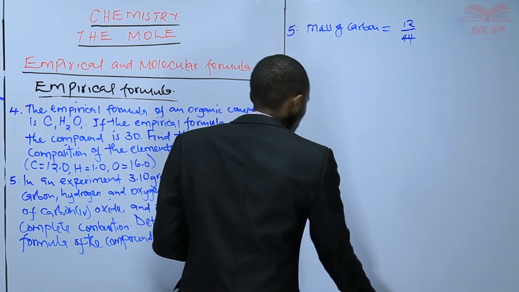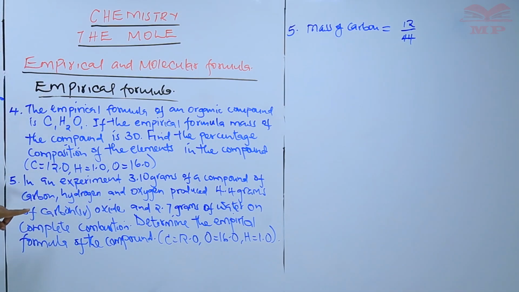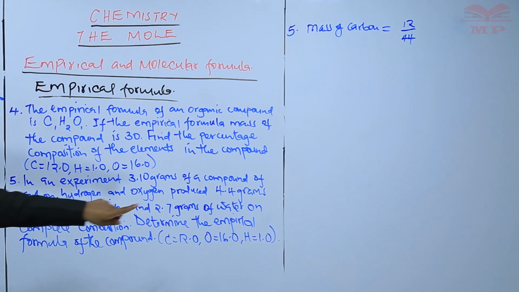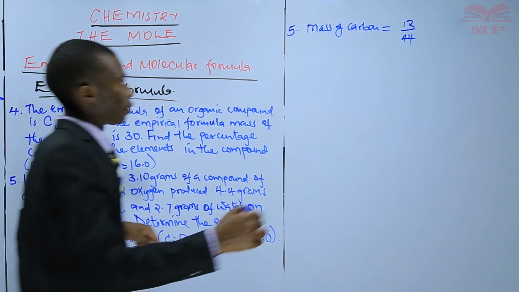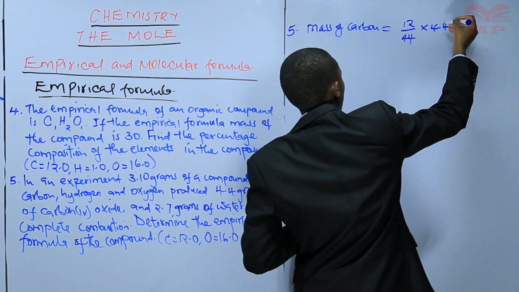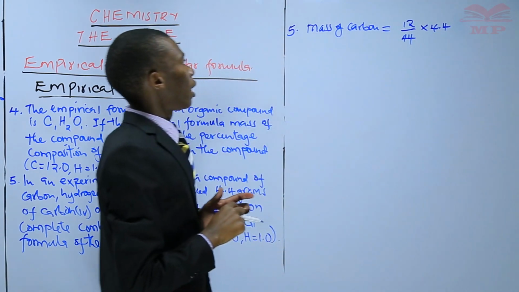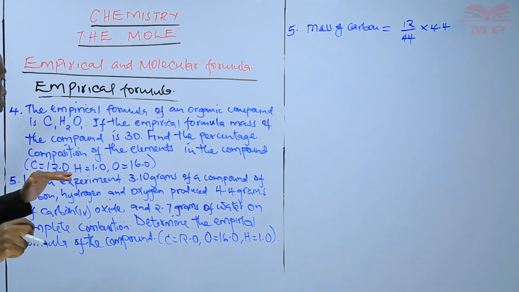Then you multiply by 4.4 grams of carbon dioxide. Remember, the aim is to get the mass of carbon in carbon dioxide gas.